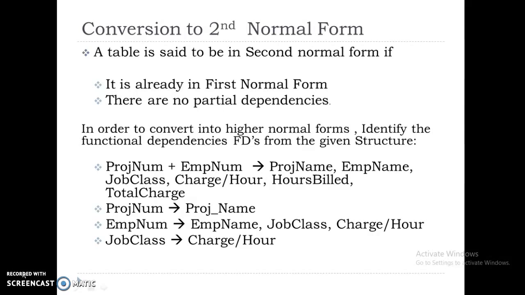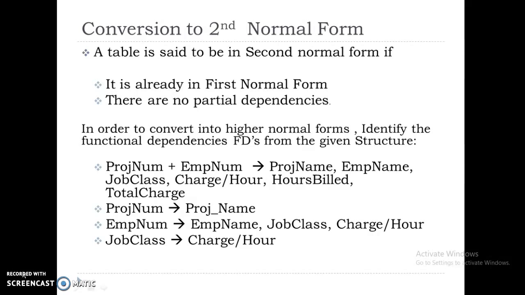In a similar way, knowing an employee's number will help us in determining that employee's name, the job class to which they belong, and the charge per hour for that particular job class. One more functional dependency we notice in this example is that if you just know the job class, you can also determine the charge per hour. For example, for a programmer, the charge per hour is 80. Now, in order to determine total charge, we will have to know both the combination of project number as well as employee number.